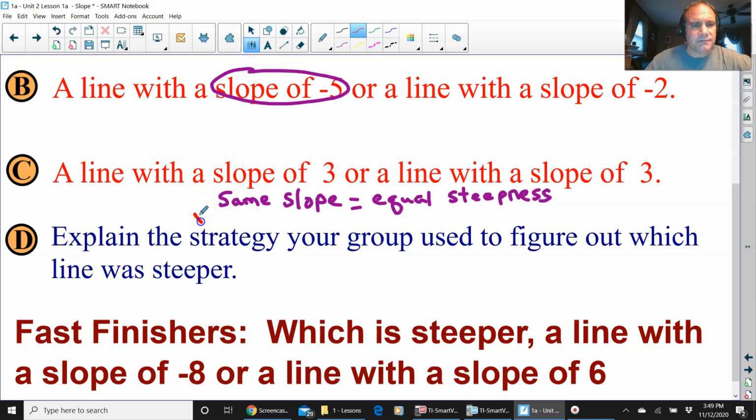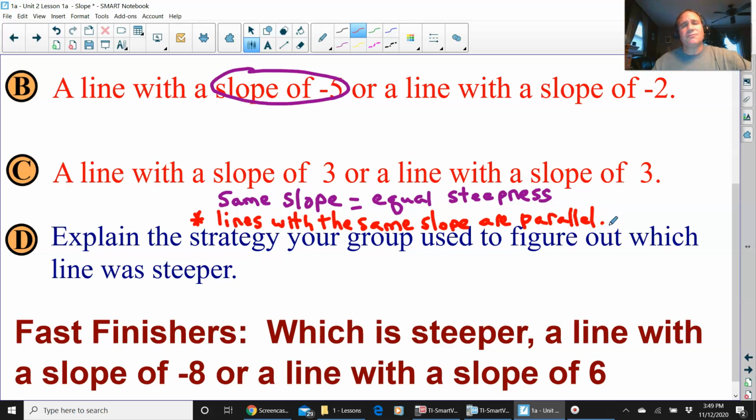Very important. Lines with the same slope, equal slopes, are parallel. Think about it. So please write that down. Make sure you write that down. Lines with the same slope are parallel lines.